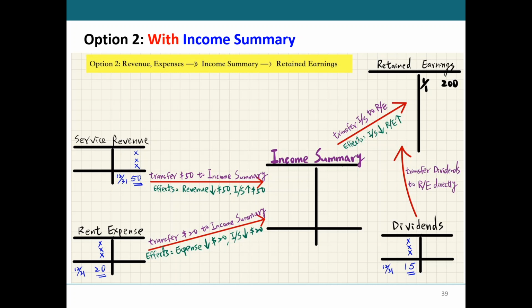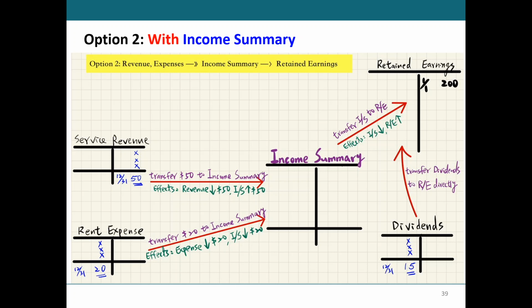We transfer revenue and expenses to income summary, 损益汇总, to get the final number from revenue and expenses, then transfer the number to retained earnings. Okay, so that's for revenue and expenses. Dividends, the same as before, just transfer directly to retained earnings.